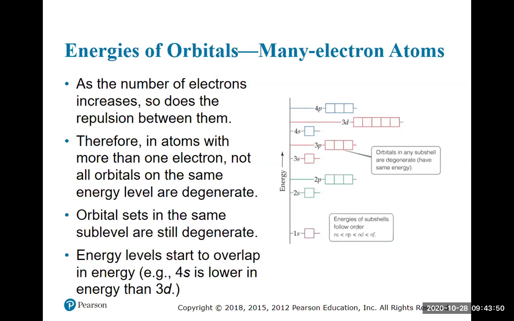So that degenerate notion stays for these sublevels, the 3p, 3d, things like that, but it doesn't hold up in terms of all the 3's being at the same energy level, all the 2's, things like that.